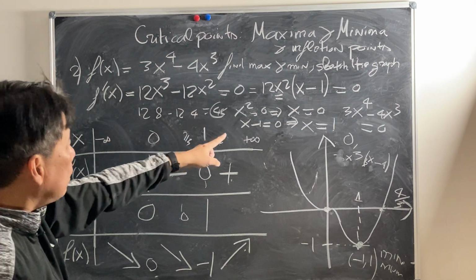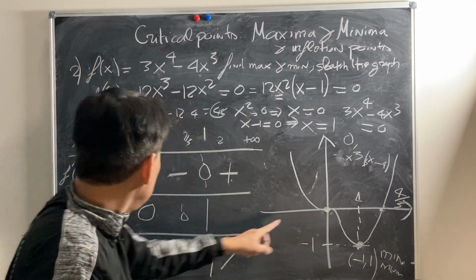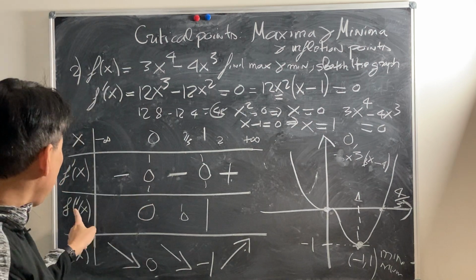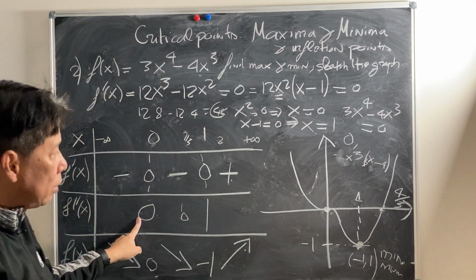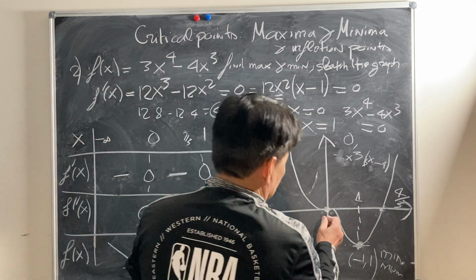Okay, and we test it. We know when x equals 0 and f double prime equals 0, that's called an inflection point.